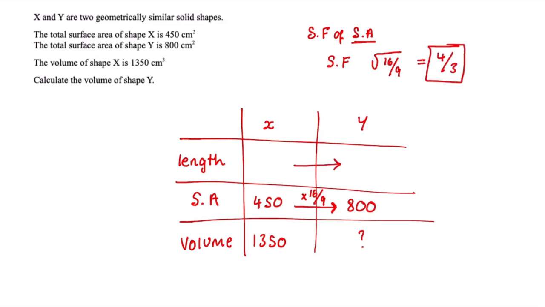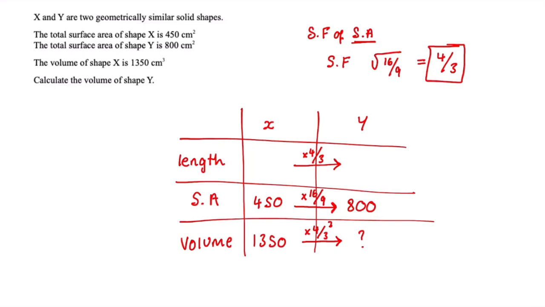Going from here to here, you just need to multiply by 4 over 3. That's it to get from one side to another. Now, to go from here to here, you need to multiply by the scale factor, 4 over 3. But this time you cube it because it's volume.